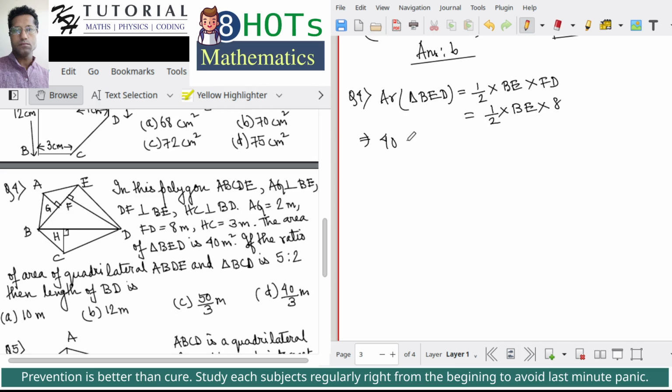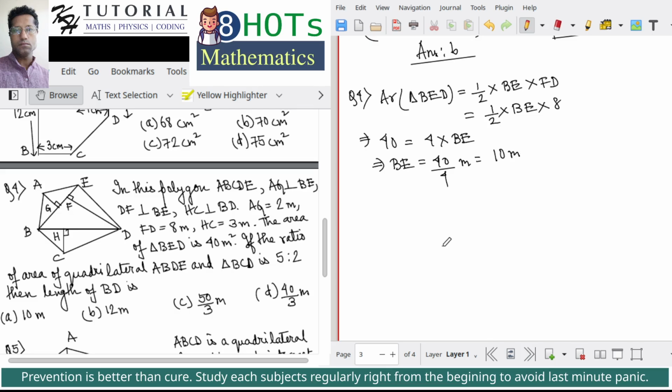So we have 40 is equal to half BE into 8, which is 4 BE. So BE is equal to 40 by 4 meter, which is 10 meter. So the diagonal BE is 10 meter.